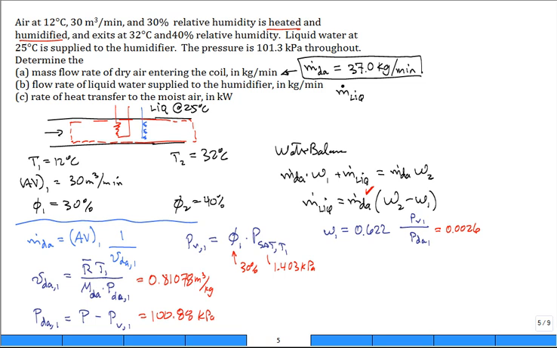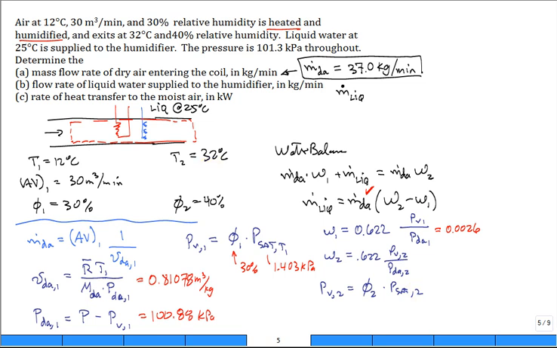Now, how about omega 2 on the exit? Well, it's the same 0.622 PV on the exit divided by the partial pressure of dry air on the exit. I have to go calculate those, right? So what's the partial pressure of the vapor on the exit? Relative humidity on the exit times P sat on the exit, and it's going out at 32.